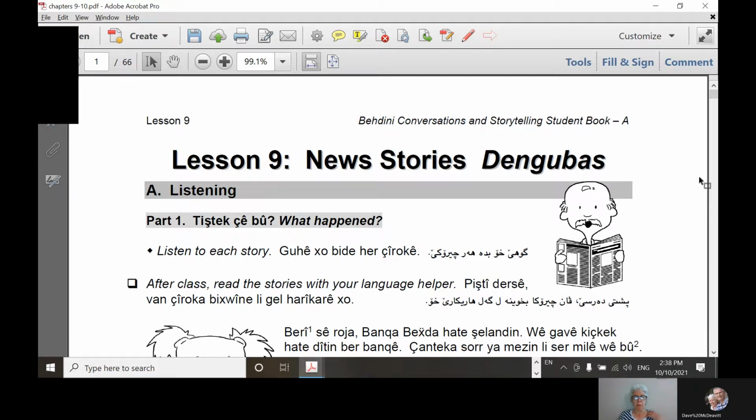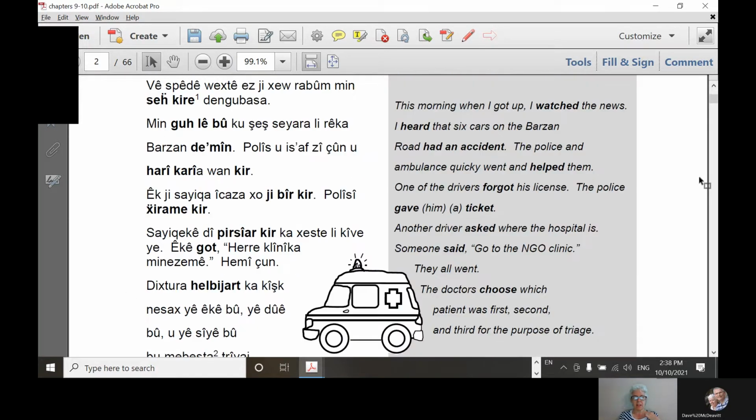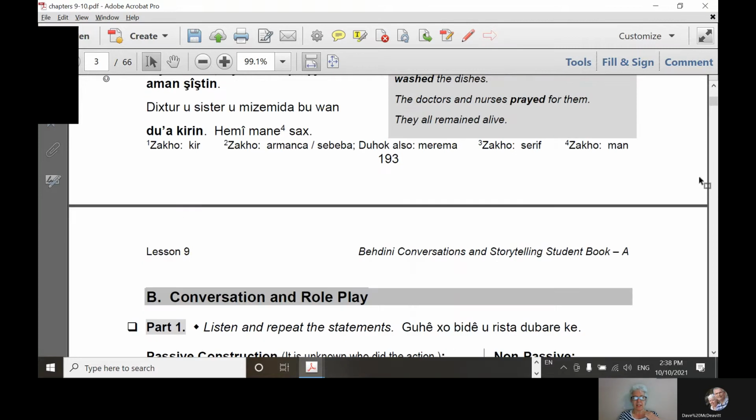So most of what you see in sections A, B, C, you're gonna use your audio recordings. And you can download those audio recordings from the link that's available on page 2 of lesson 1.